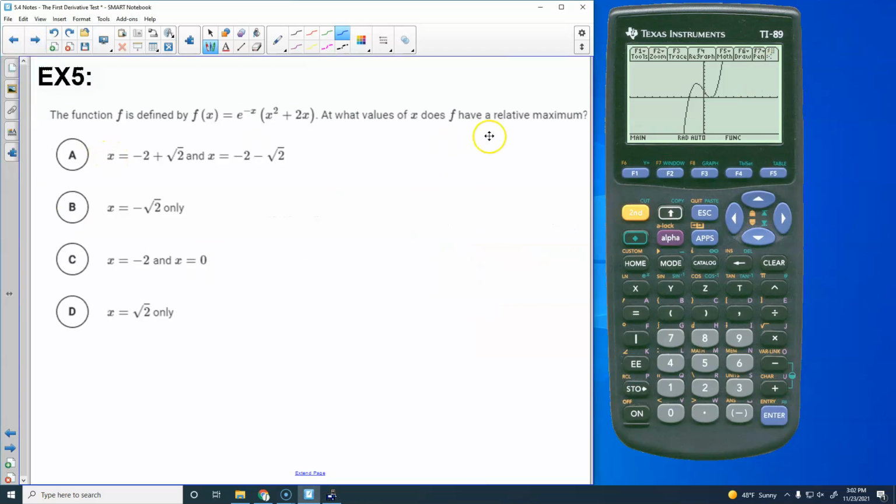If you find yourself answering the question about the graph you're looking at, you're probably doing something wrong on these problems. Because they will not just give you a picture that looks like this and ask how many maximums and minimums it has. Math 1 could figure that out, right? So if they give you a picture, they're probably not asking you the question about the picture that you have.